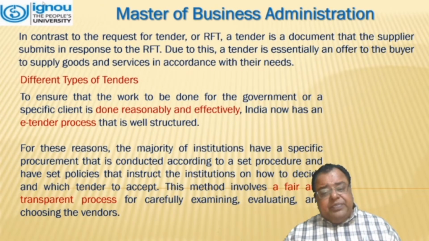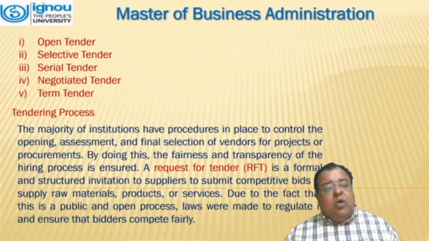This method involves a fair and transparent process for carefully examining, evaluating, and choosing the vendors. Open tender, selective tender, serial tender, negotiated tender, term tender. These are the different types of tender.